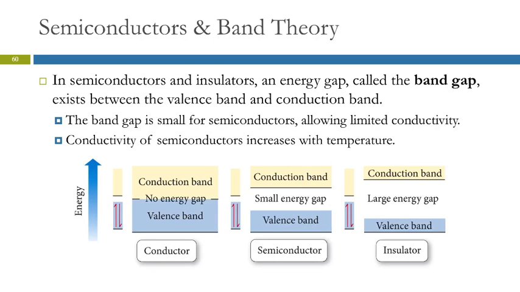So semiconductors conduct a little bit, hence the name, semiconductors. The band gap is small. Insulators have a large energy gap. It's pretty much impossible for an electron to move from the valence band up into the conduction band, and so they do not conduct electricity. They insulate. Any questions?